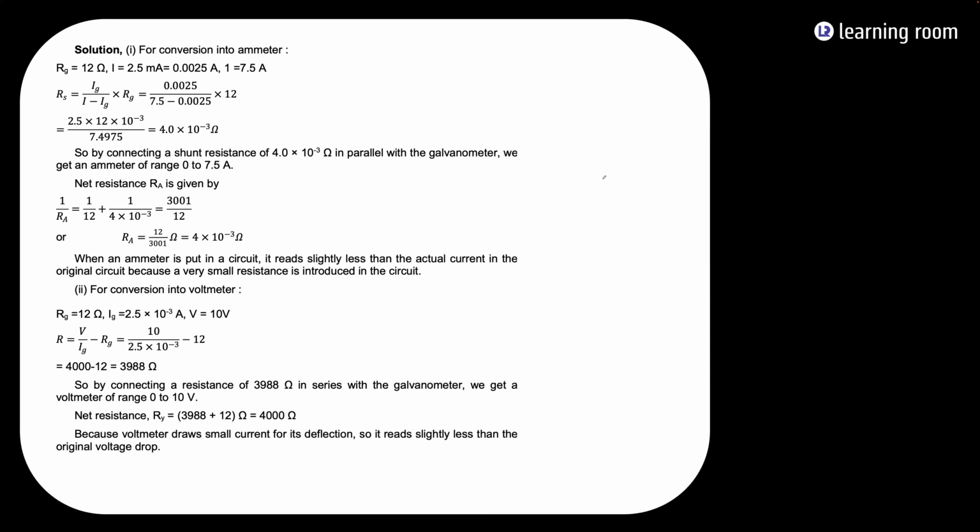The ammeter reads slightly less than the actual current in the original circuit because of the very small resistance introduced in the circuit. Resistance is how much? That 4 into 10 power minus 3. Since you introduced it, it will draw some current. In a similar way, what is going to happen here? The voltmeter is also going to draw some current.